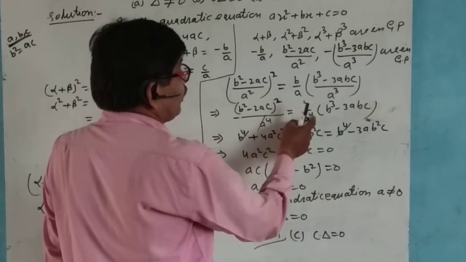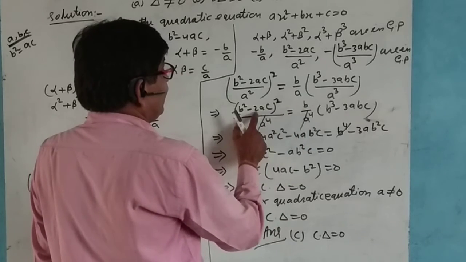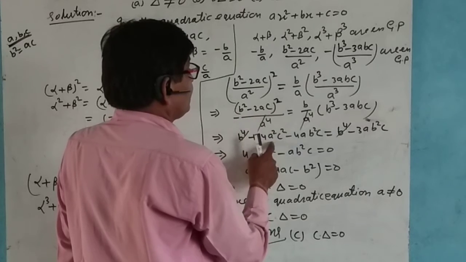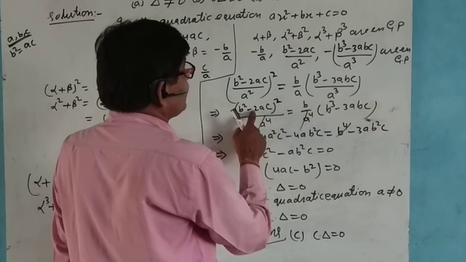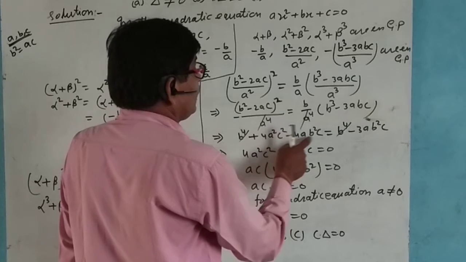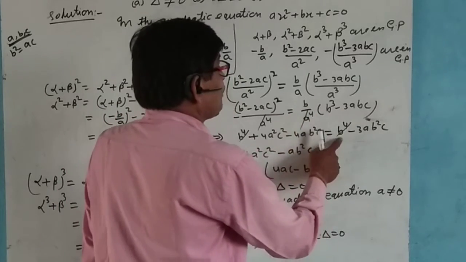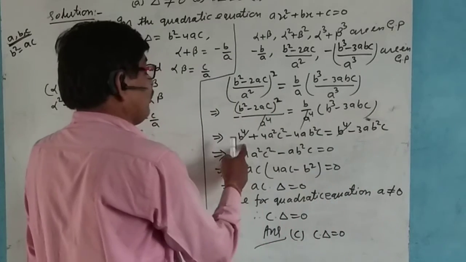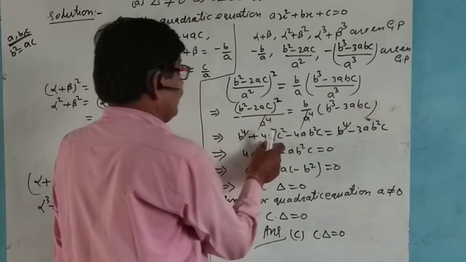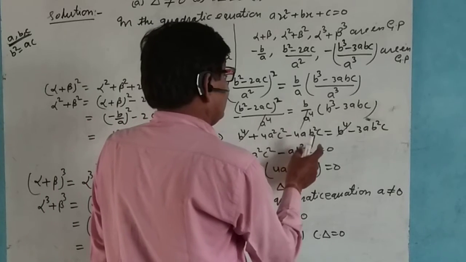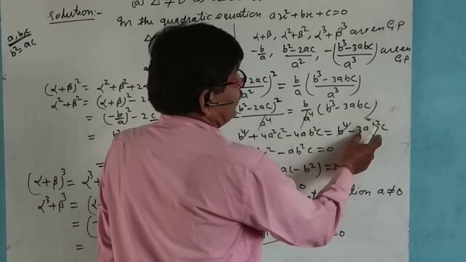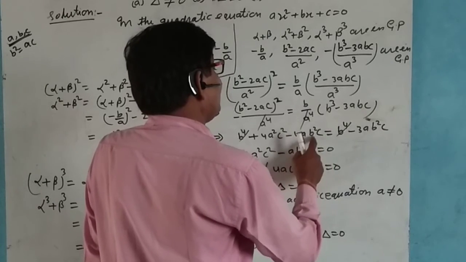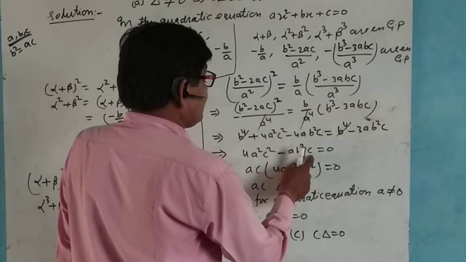Now a to the power 4 cancels. (b square minus 2ac) whole square gives b to the power 4 plus 4 a square c square minus 2 into the product 2 times 2 a b square c, and on the other side b to the power 4 and this is 3 a b square c. b to the power 4 and b to the power 4 cancel, leaving 4 a square c square, and here this negative comes positive, 4 a b square c plus 3 a b square c. This is a b square c.